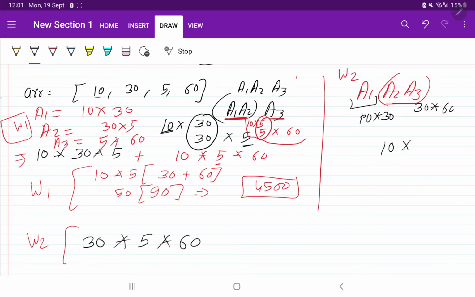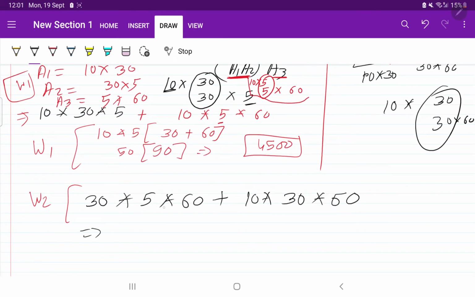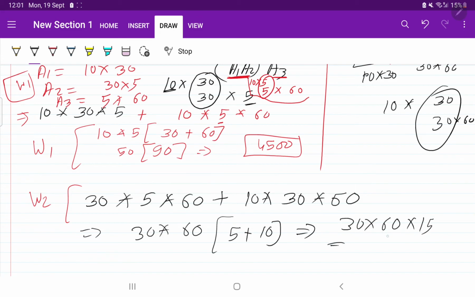Now if you multiply these two, what will be the cost? The things which are coming twice, take them once. 30 into 60 is coming common, then 5 plus 10, so it is going to be 30 into 60 into 15. 15 threes are 45, 45 into 6 is 270.